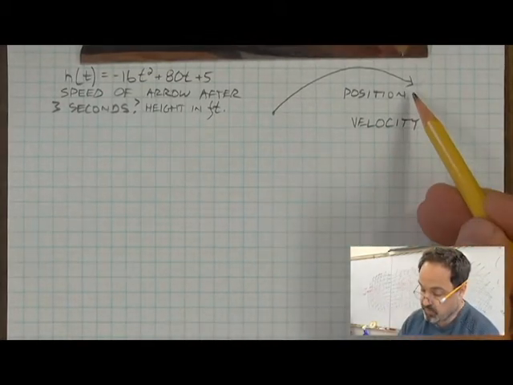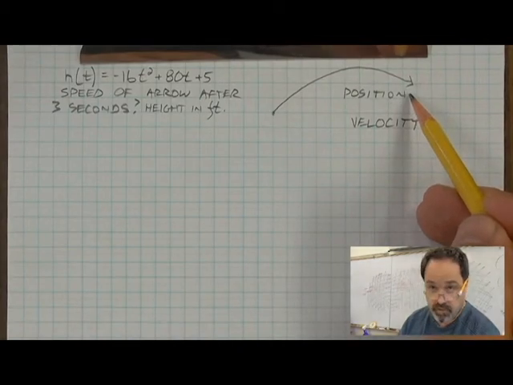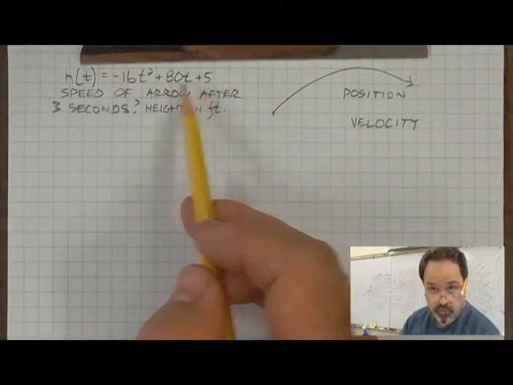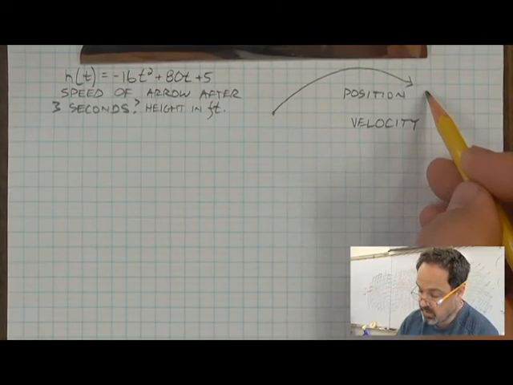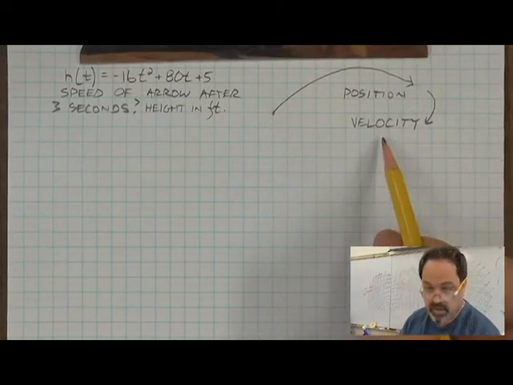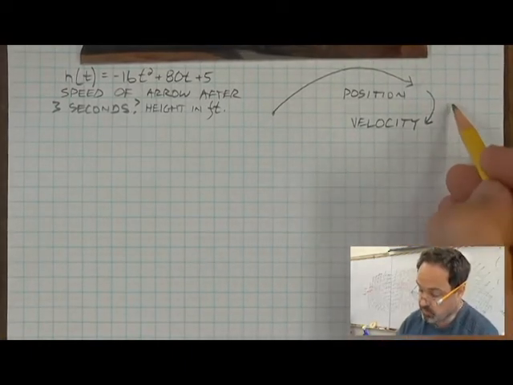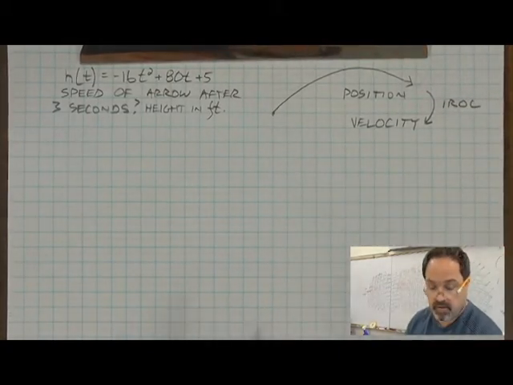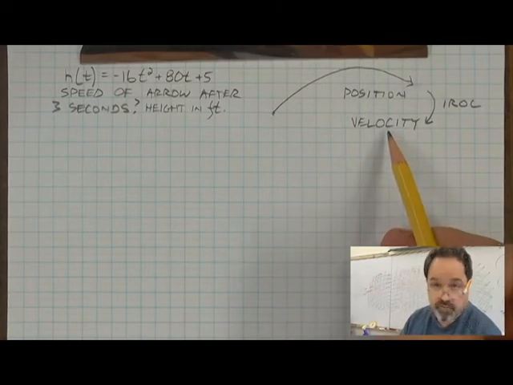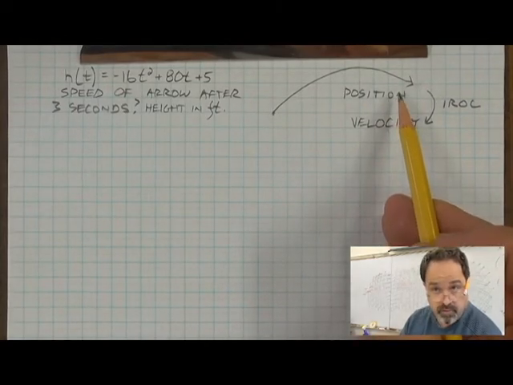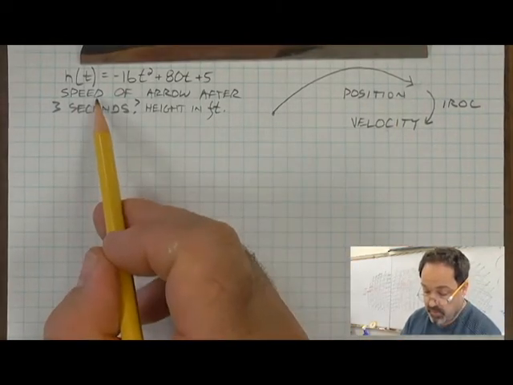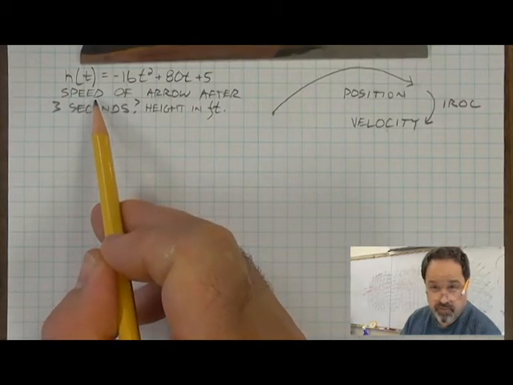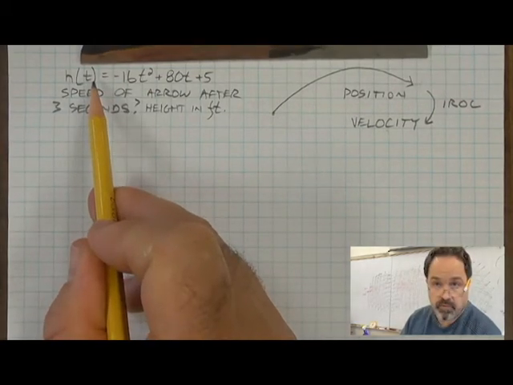If we have position information, and we do with our height equation, vertical position, then we can get information about the speed or the velocity. And the tool that we use to do that is IROC. Velocity is the rate of change of position. Speed that we're trying to calculate is the rate of change of the height of the arrow.